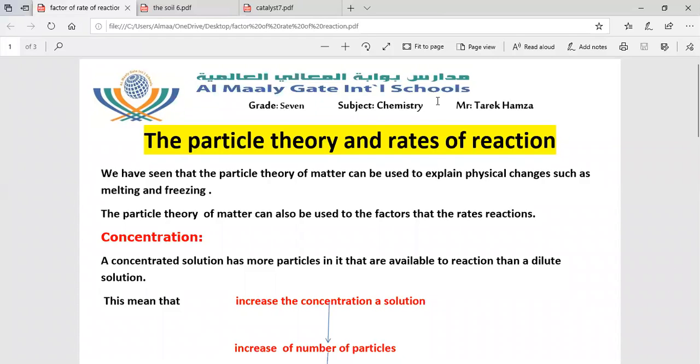We will ask a question for Roba. Yes, Roba. What are the factors that affect the rate of reaction? This is the question.